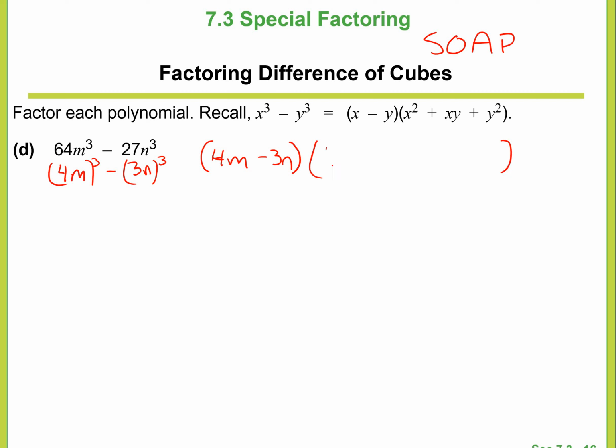Then we square the first one, so it's 16m squared. Opposite sign, so it was a minus, so this is a plus. And we do the two terms multiplied together, so we get 12mn. And then we do always positive, the last term squared, so 9n squared.